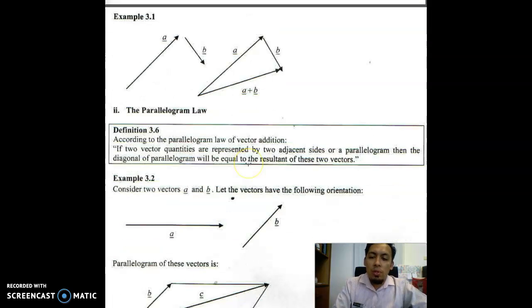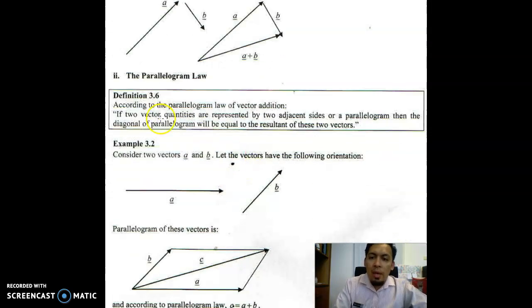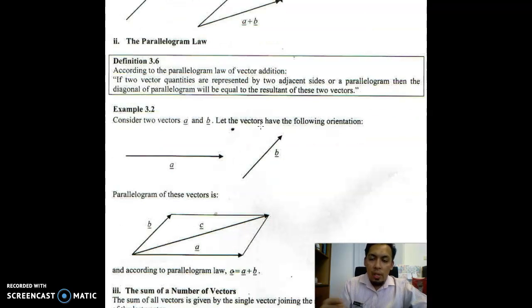The same goes when we use the parallelogram law. In the parallelogram law, we simply make a parallel for each vector. So you have A and B, so we make a parallel of A with this one and B with this one, and the diagonal of the shape that we create here is the result of the summation of the two vectors.